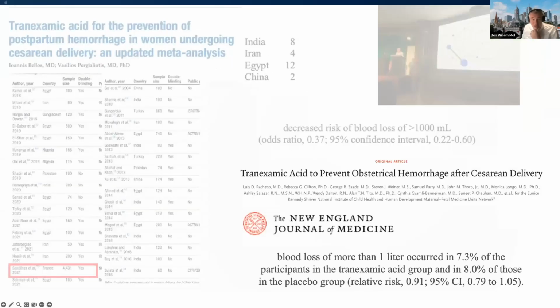This week, the New England Journal of Medicine published a large study from the US with 5,000 women that estimates that blood loss more than 1 liter actually is not reduced by TXA. So the difference here is 7.3 versus 8%, so there is a 0.7% reduction with a non-significant relative risk of 0.91.